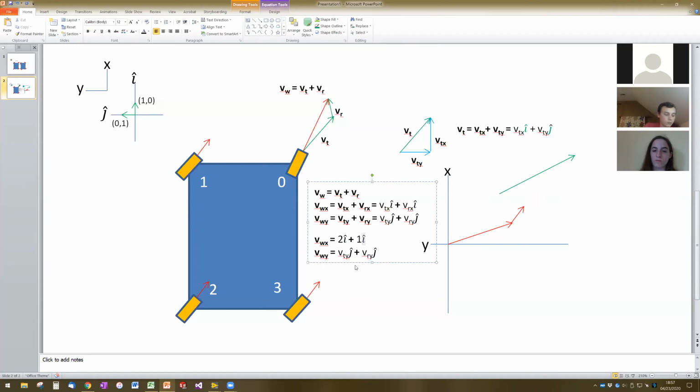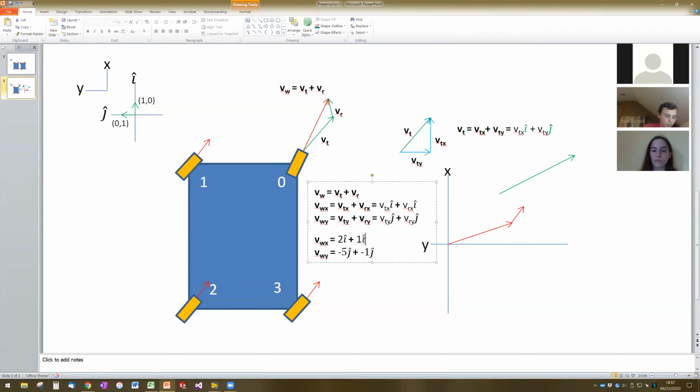Now the y's are actually kind of interesting because they're negative, right? Positive y is to the left, and both of these vectors happen to be pointing to the right. So for that longer translation vector, we'll call that -5 in the y, and then we've got maybe -1 in the y for the rotation vector.